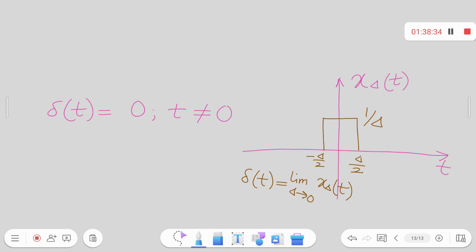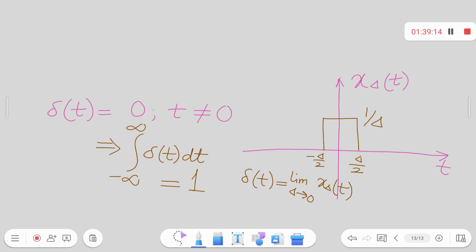So here comes the second definition of delta t: the integral from minus infinity to plus infinity of delta t dt is equal to unity. Minus to plus infinity, delta t dt is equal to unity. And these two definitions together will give you the basic essence of the delta function.